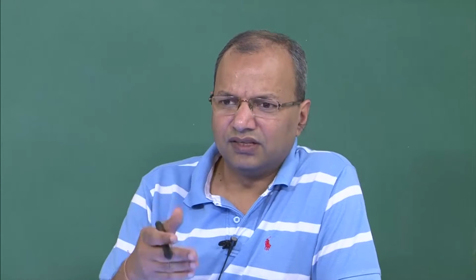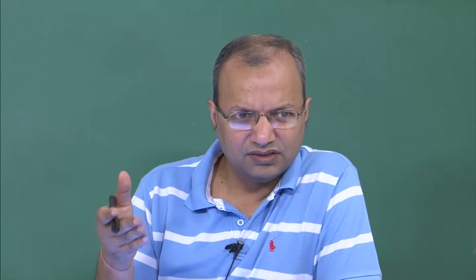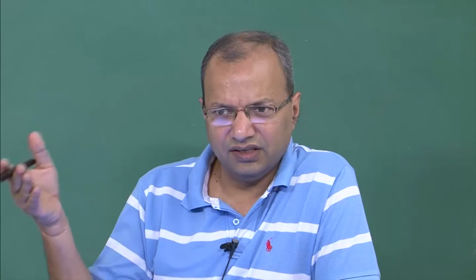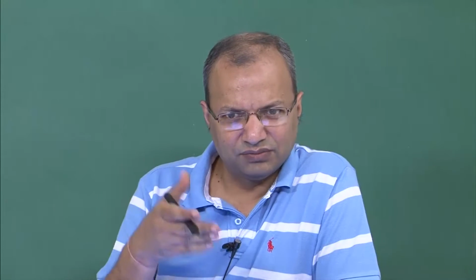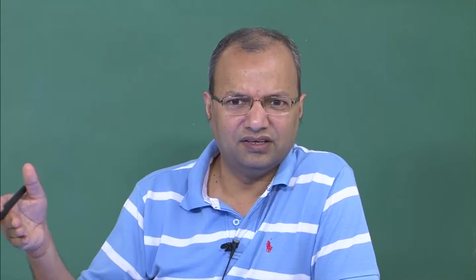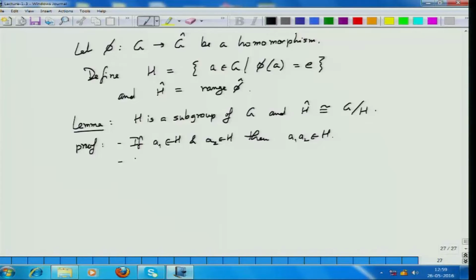Yeah, it's simple. Phi of A times E is phi of A times phi of E, which means phi of A is phi of A times phi of E. So phi of A can be cancelled on both sides by multiplying with phi A inverse, and therefore you get phi of E is identity. So identity is in H. And for inverse, if A is in H, then A inverse is also in H. Why?